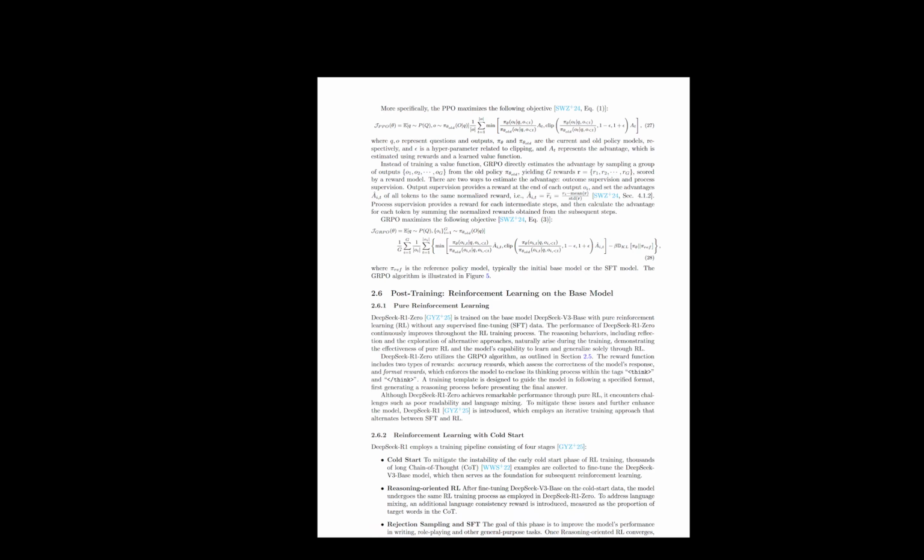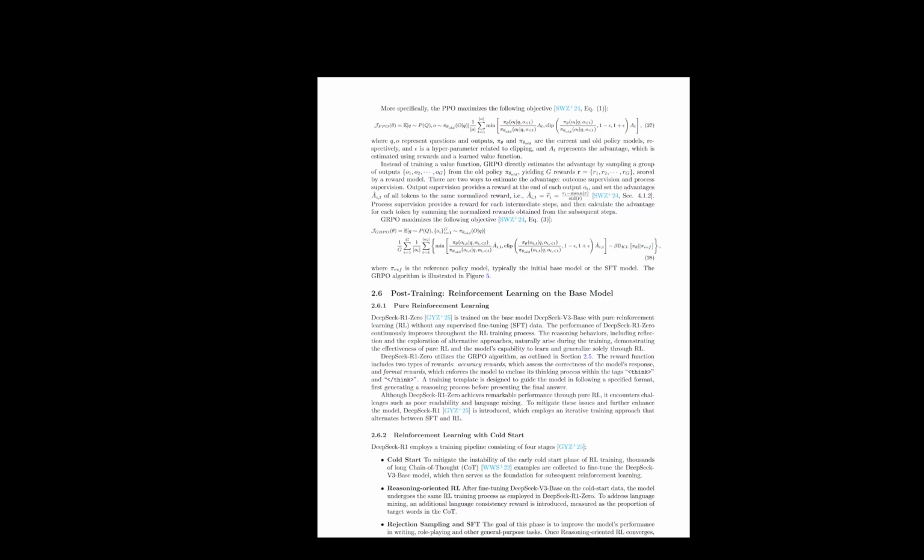More specifically, PPO maximizes the following objective (SWZ plus 24, Equation 1): J_PPO(theta) equals the expectation over q and o sampled from pi theta old, of 1 over the length of o, summed over t equals 1, of min of the ratio pi theta of o_t given q and o less than t over pi theta old of o_t given q and o less than t, times A_t, and clip of that ratio between 1 minus epsilon and 1 plus epsilon, times A_t. Here q and o represent questions and outputs.